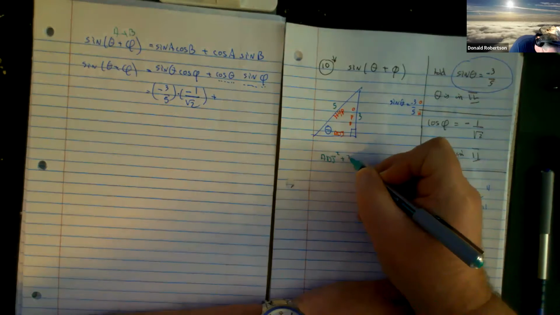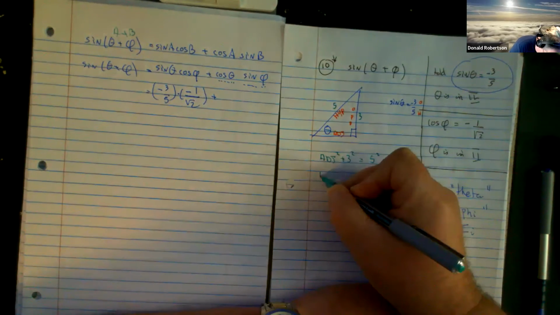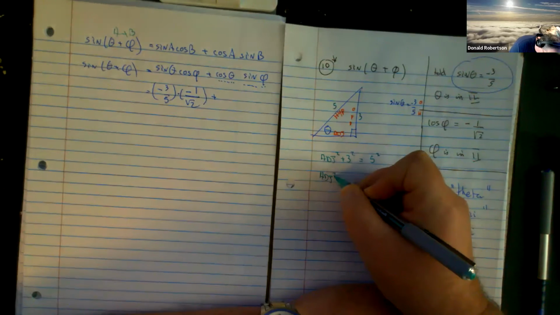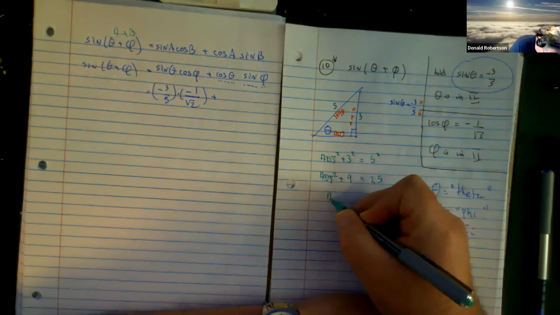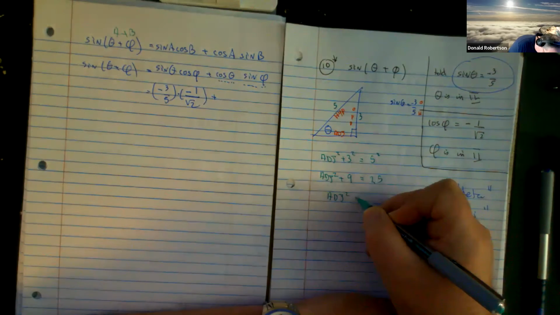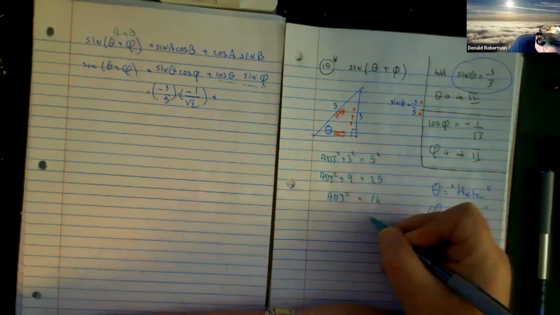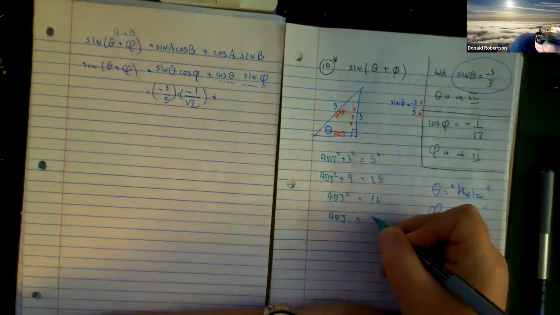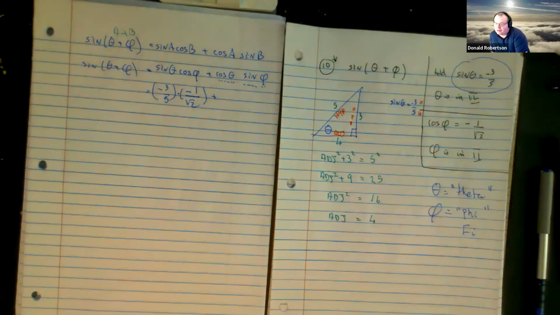Adjacent squared plus 3 squared is 5 squared. The adjacent squared plus 9 is 25. The adjacent squared, well, if you take 9 away from both sides, you get 16. And since we are looking at a length of a side, the answer is 4. There. Does that ring some bells now, Pythagoras?